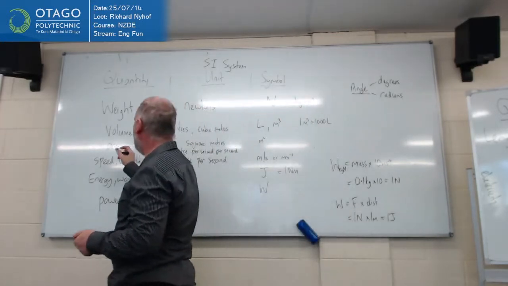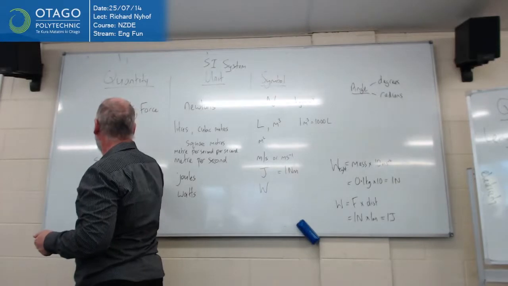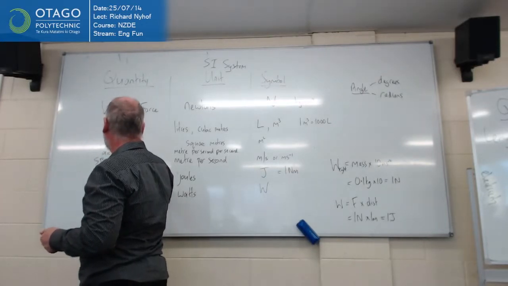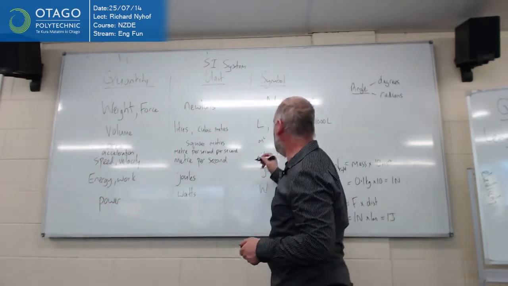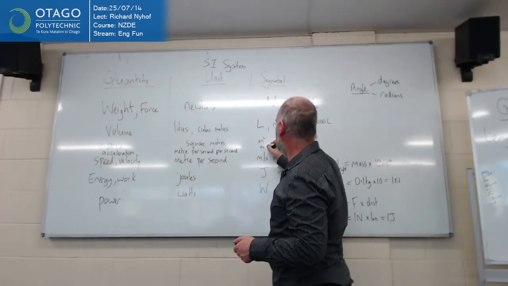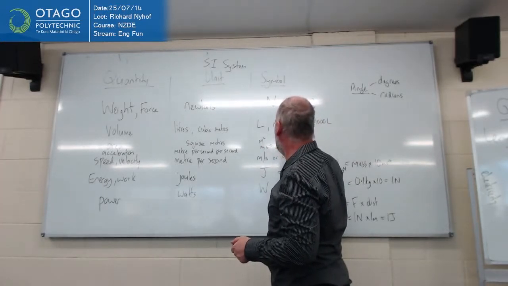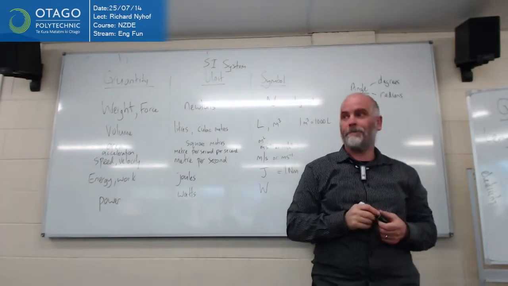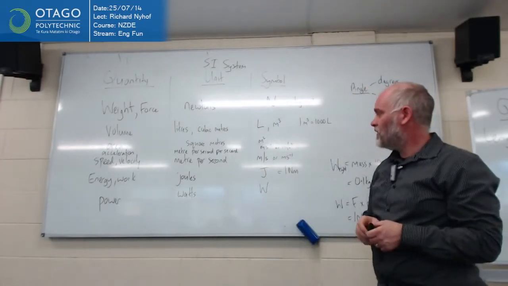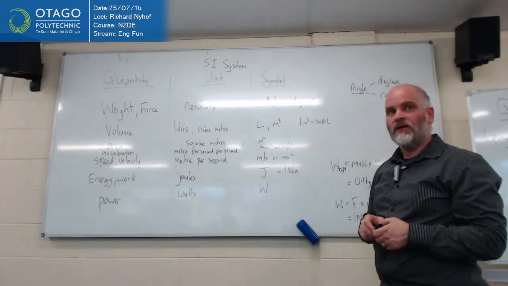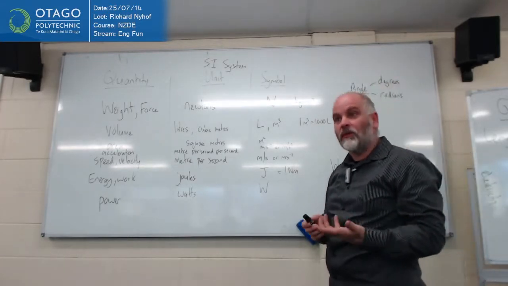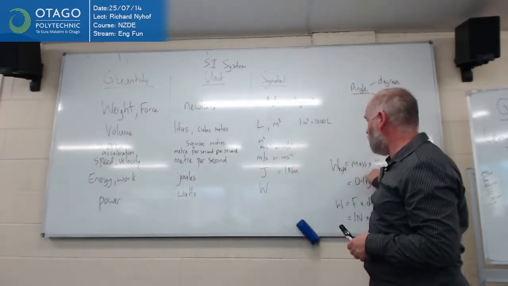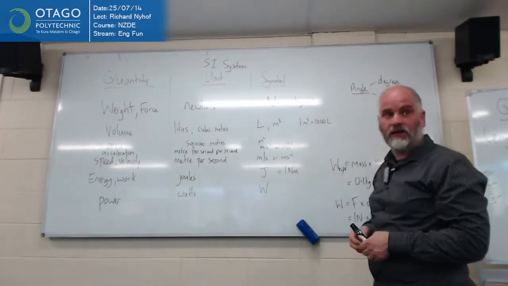So that one is acceleration, metres per second squared. What I'm telling you is that on Earth, that's always 10. It's constant.